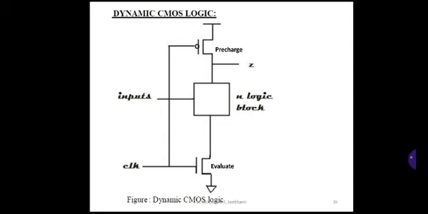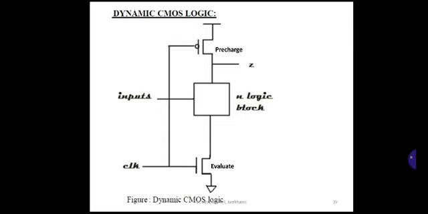To draw the N logic block, you require N number of transistors, then one precharge transistor and one evaluate transistor. The precharge transistor is a P type transistor and the evaluate transistor is an N type transistor. So the total number of transistors required to draw the dynamic CMOS logic circuit is N plus 2 transistors.